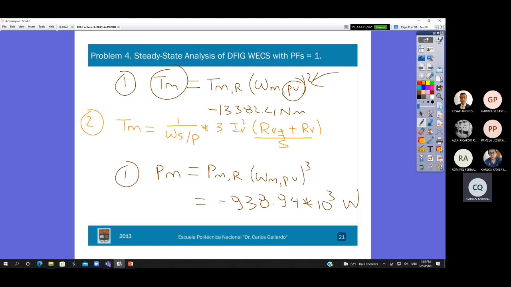Okay, so substituting these values, I will have the speed is 314.16.